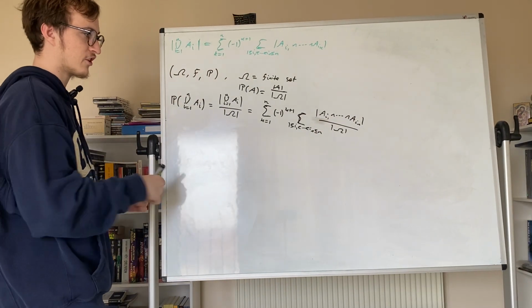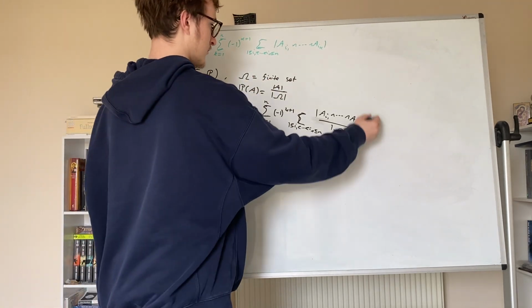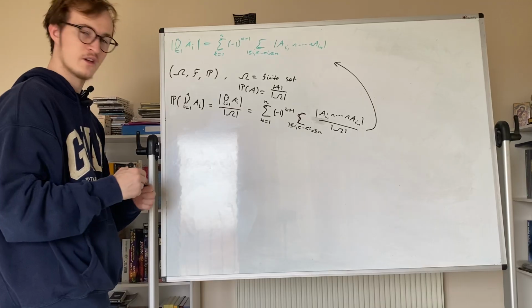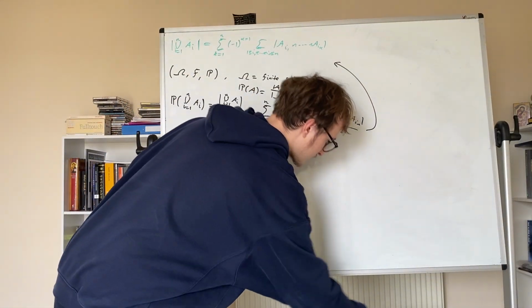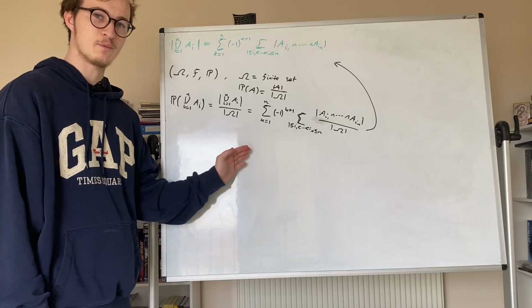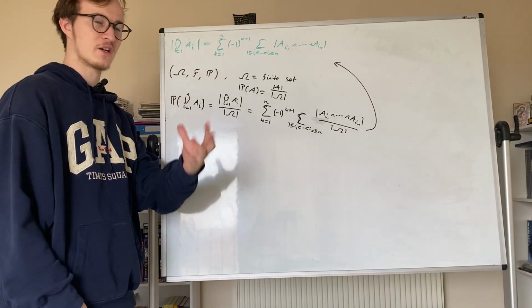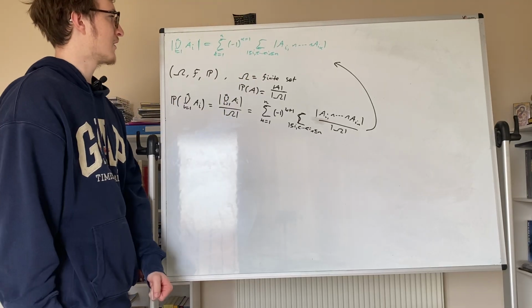And since we're dealing with sums here, we can just cancel out the sizes of Omega and we get back to there. And there's plenty of applications of this. So yeah, that's a little probabilistic proof of this statement, I guess.